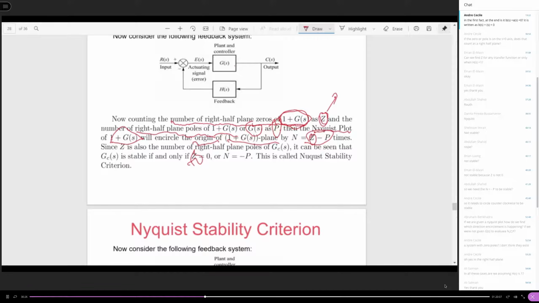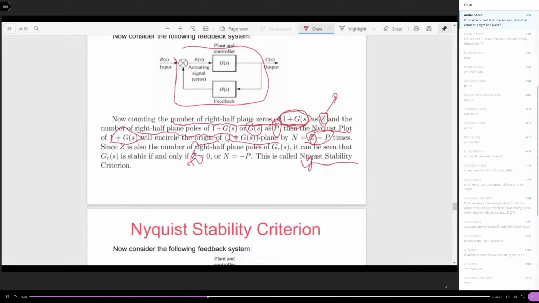This is what we learned from Control 1: when a transfer function is stable, there are no poles in the right half plane. Since Z indicates the number of right half plane poles of the closed loop system, you want this system to be stable, so Z must be equal to 0. This is what we call the Nyquist stability criterion.